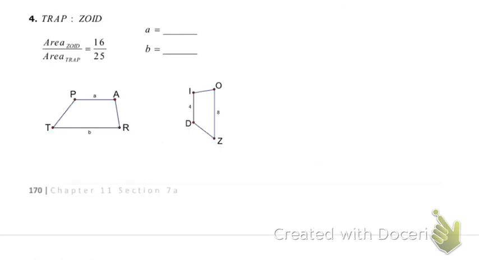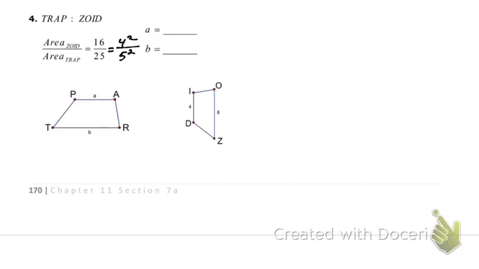All right, I think we just have one more. We have area of Zoid equals 16. Area of trap is going to... Careful, it's a trap. All right. So what I'm thinking about with A and B is, well, 16 is actually 4 squared. And 25 is 5 squared.